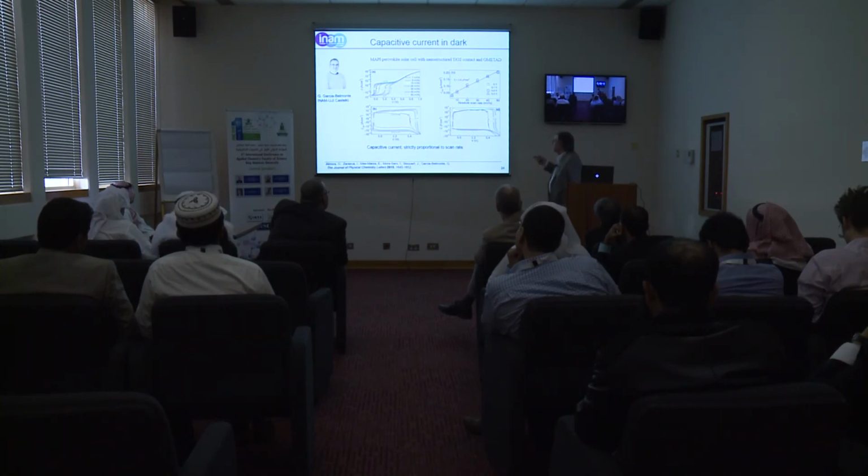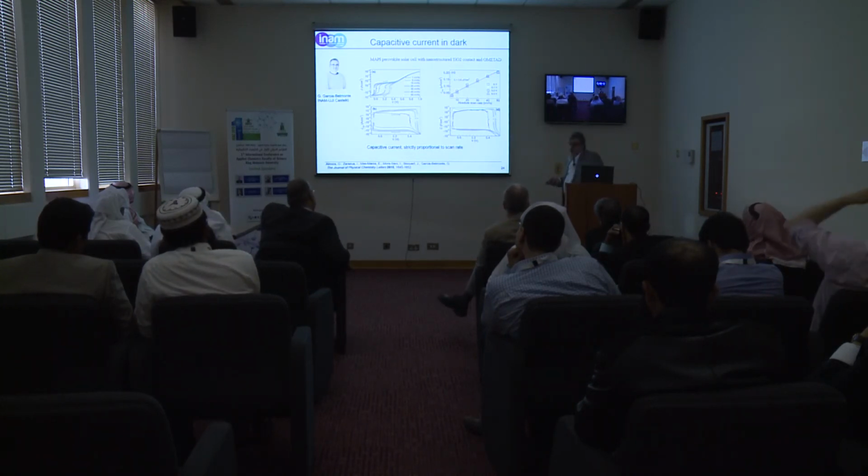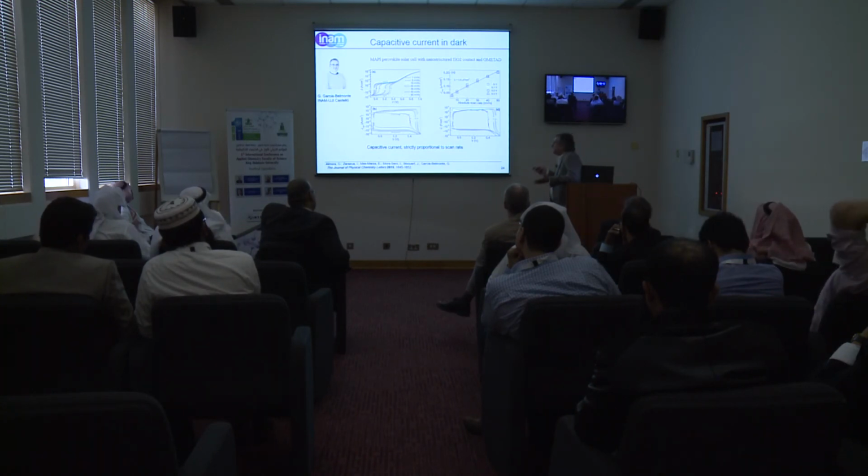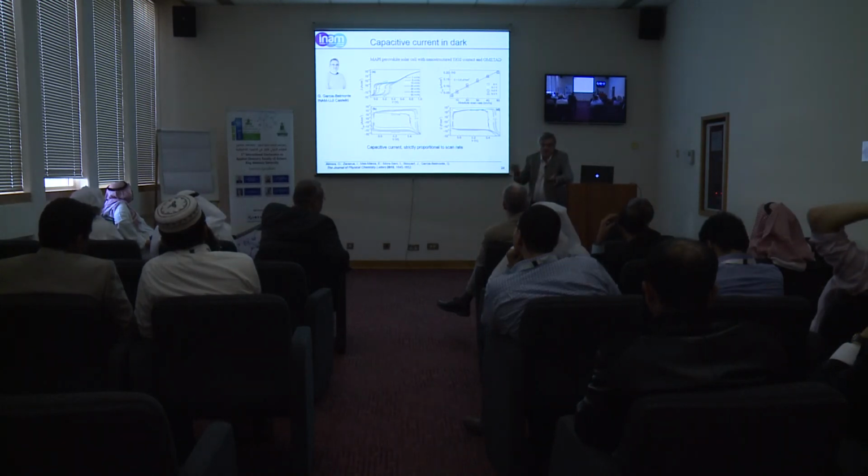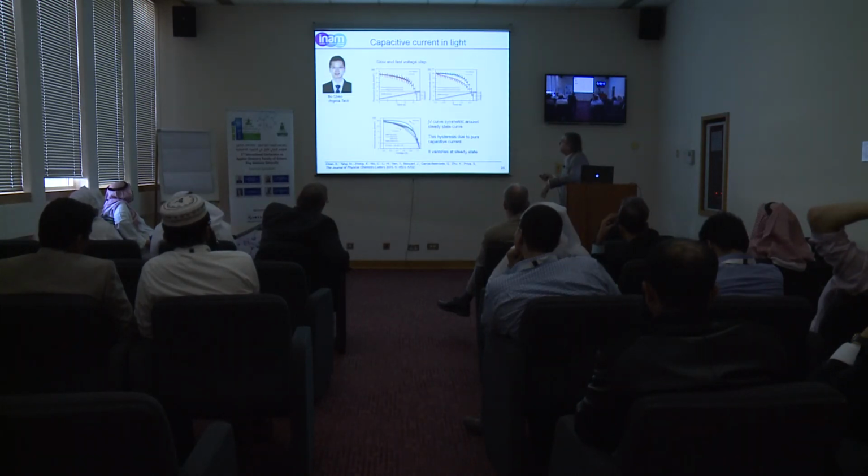And you can see that the capacitive current, this one, is proportional to scan rate. So this shows that you have capacitive current, and you can calculate the capacitance. So for the dark, we see that we have a big capacitive current. Why? Because the perovskite solar cell has a big capacitance. So it shows you opening, all right?